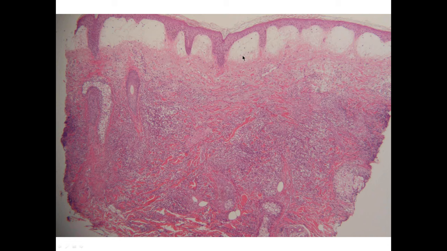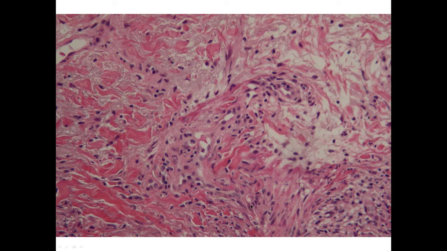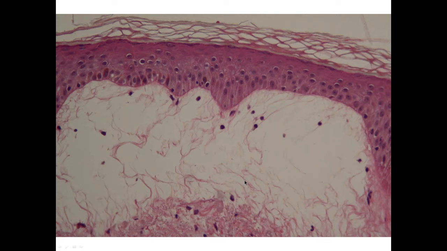Again, a picture very reminiscent of some others that we've seen with Sweet's, with this marked subepidermal edema, marked infiltrate. And if you look down into the infiltrate, you can see the combination of leukocytoclasis and a little bit more lymphocytes in this one. A lot of leukocytoclasis there.